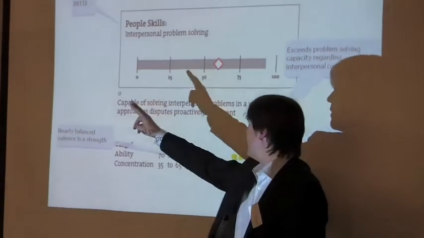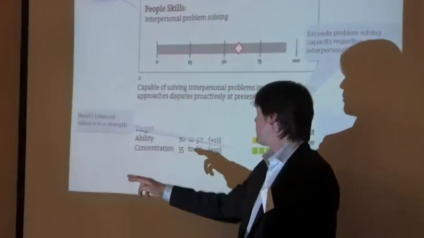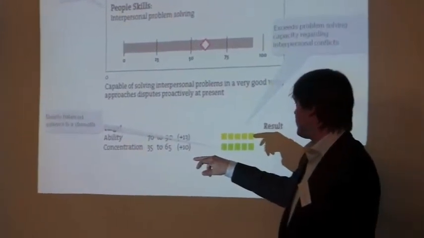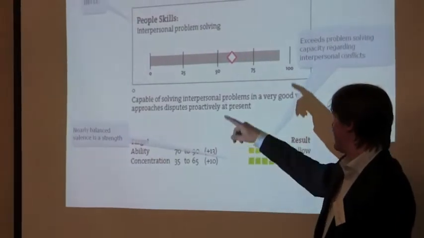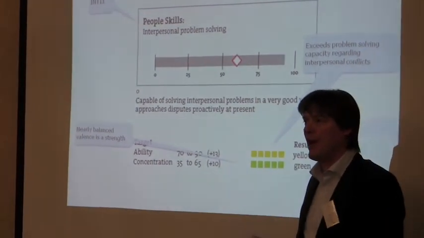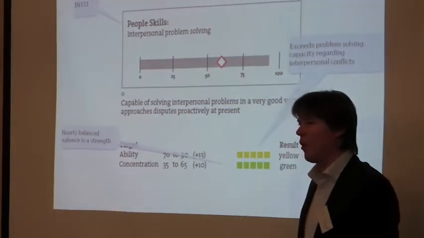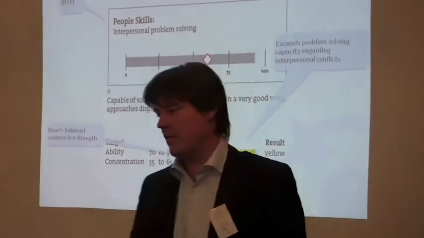That means the diamond is within the desired range, 35 to 65. Within the job I can say if John is with people enough, he will be all right within this job. And the balance will help him to get along with the problems there.